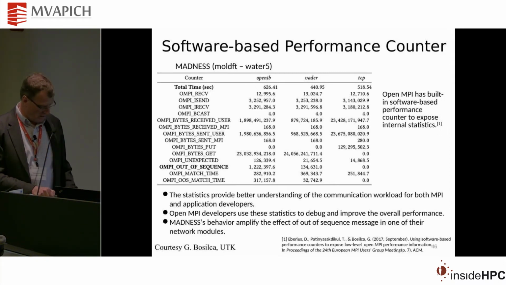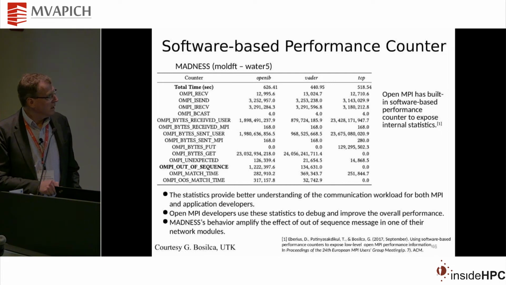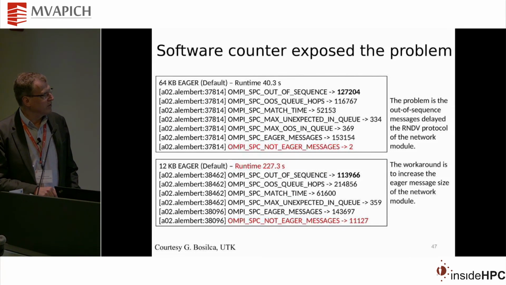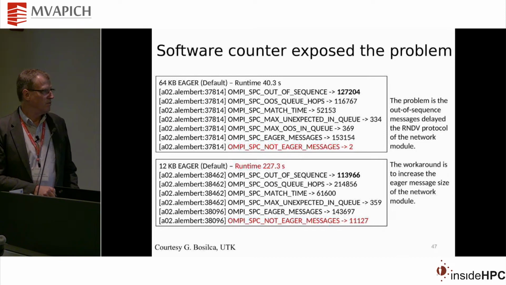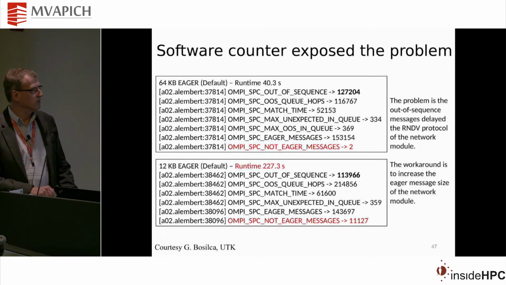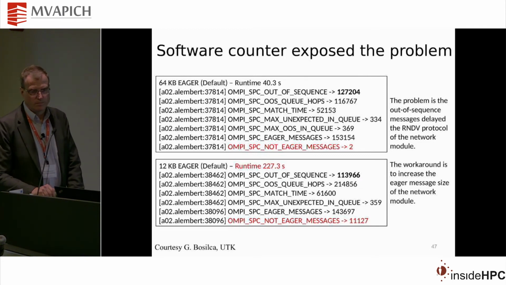And we can also see that there's a whole load of messages that come out of sequence. And apparently they can use that data to put their finger on some parameter associated with the eager message protocol that can essentially reduce the runtime down to get most of that speed up that we just saw.